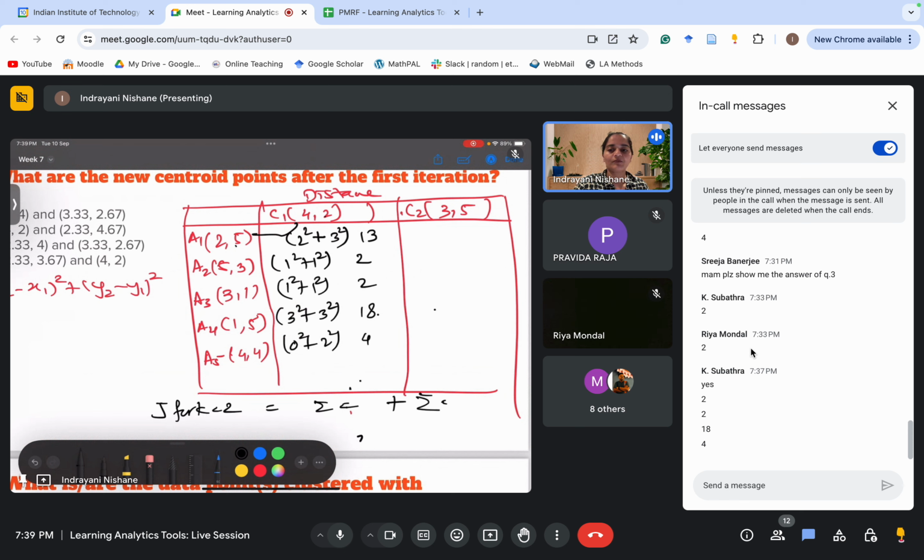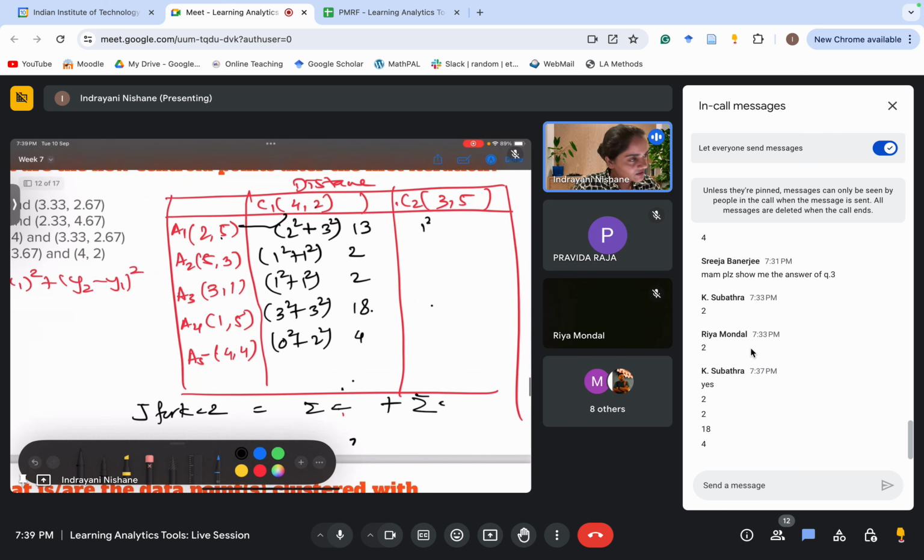If you are asked to compute the J value, or the sum of squares, the error function, the distance between the centroid and the data points, squared, this is how you will do it, whatever may be the question. Okay. So now coming to the distance from C2 of all the 5 data points.